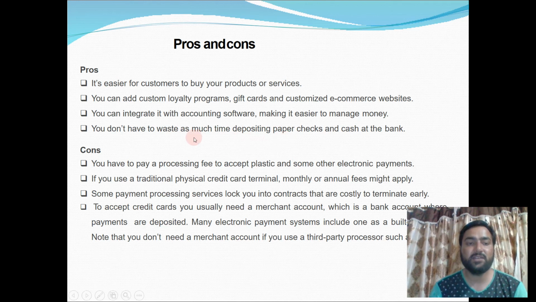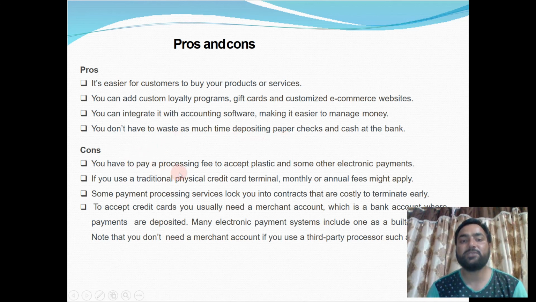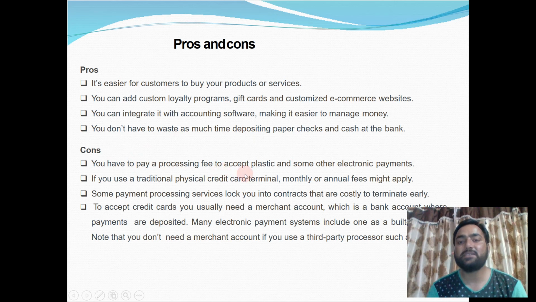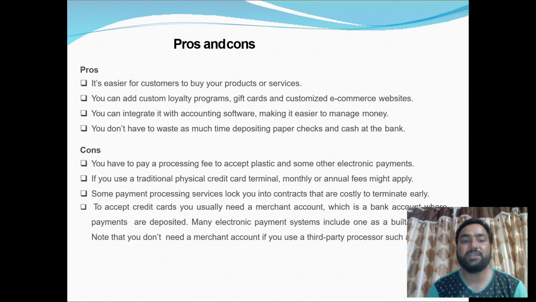Then the cons are also there. You have to pay a processing fee to accept plastic and some other electronic payments. If you use a traditional physical credit card terminal, then monthly or annual fees might apply. Some payment processing services lock you into contracts that are costly to terminate early.